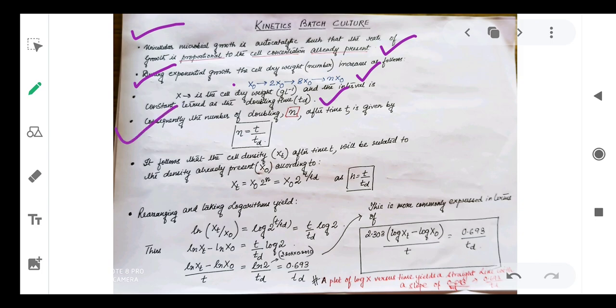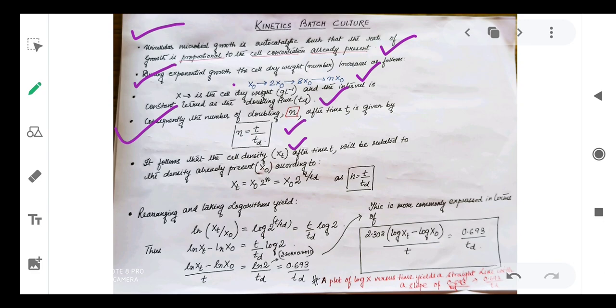If you look at this equation, n is equal to t by Td. n is the number of doublings after time t. t is the total time, and Td is an individual doubling time. So it follows that the cell density, Xt, what is Xt? Xt is the cell density after the completion of growth at time t, and it is related to X0.